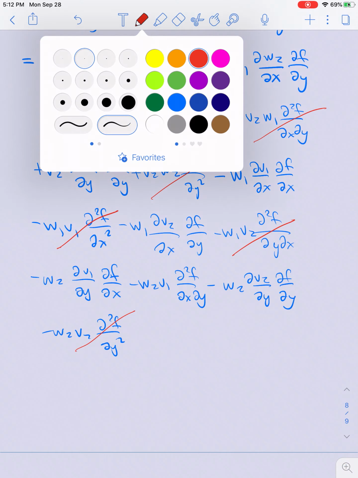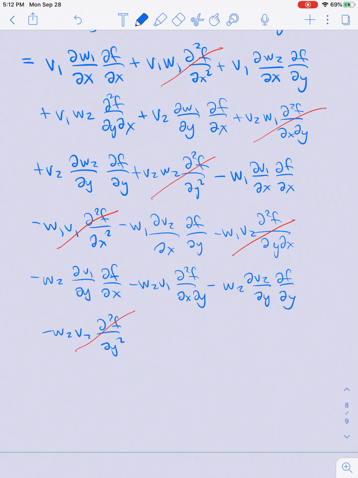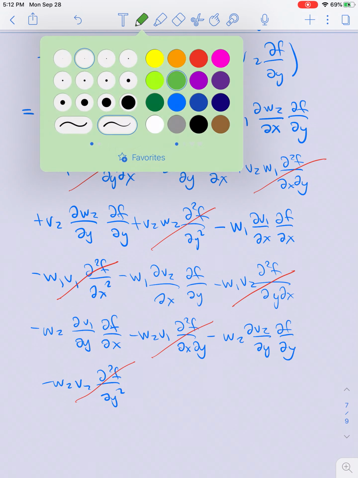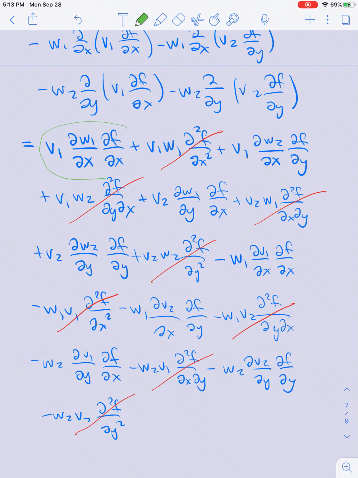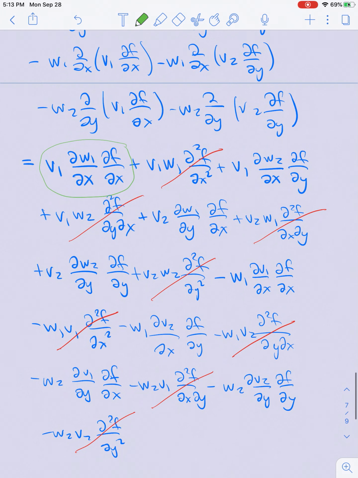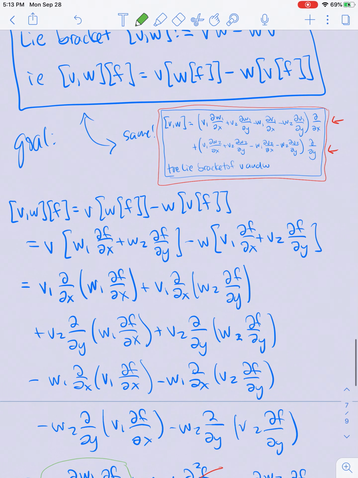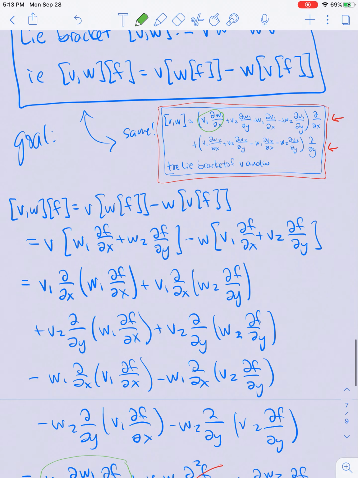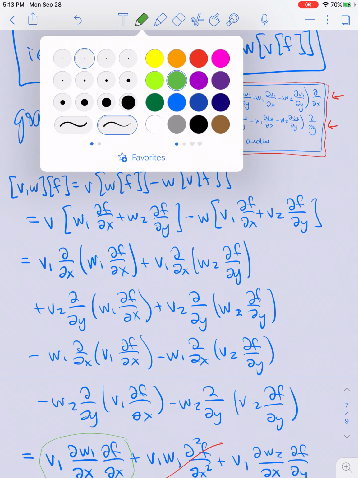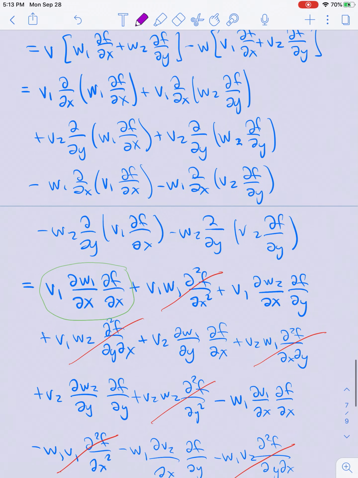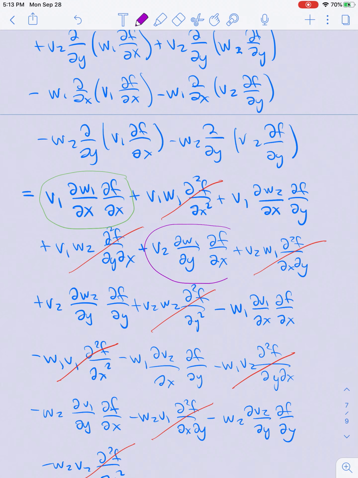Oh, I forgot to put this square in here, but d squared f dy dx will cancel with this one because the coefficients cancel. And if you go back and match everything up, you'll see that I should have a v1 dw1 dx in front of the df dx right here. I should have a v2 dw1 dy multiplying by a df dx right here.